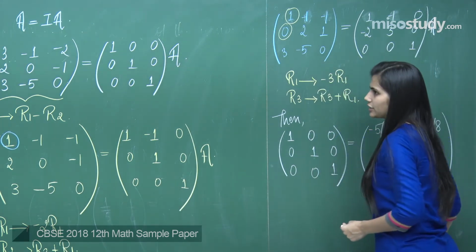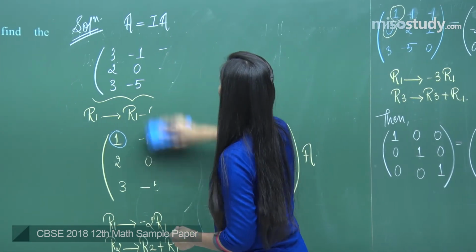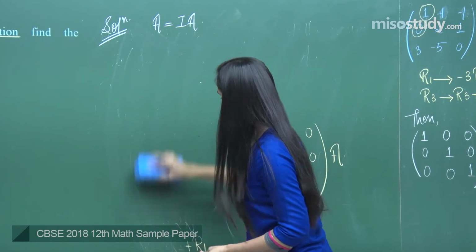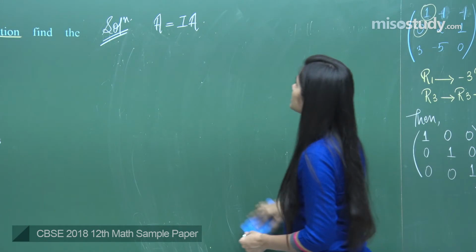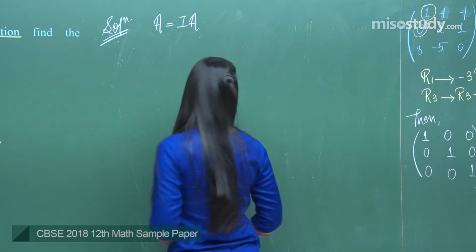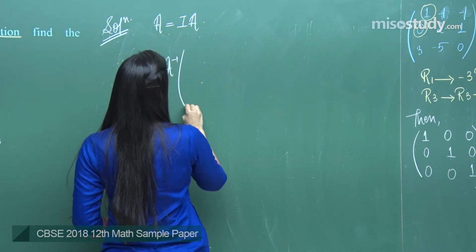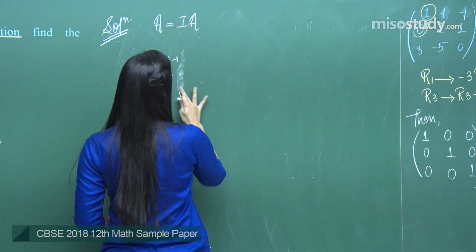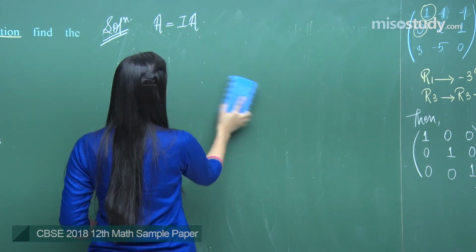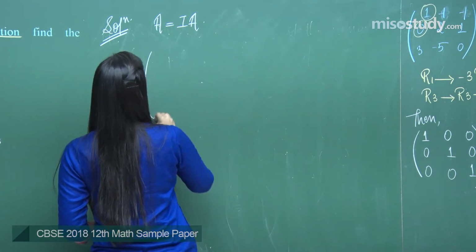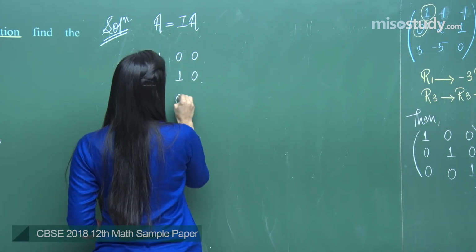Or basically, let me write it over here. Very easy question sometimes, or I should say each and every time it's asked in the paper. You are going to obtain this A inverse to be equal to, or basically I should not write A inverse, it should rather be written as I was writing 1, 0, 0, 0, 1, 0, 0, 0, 1.